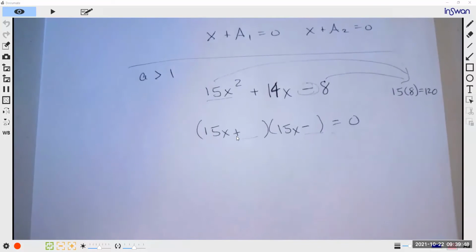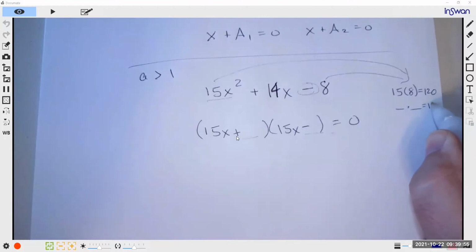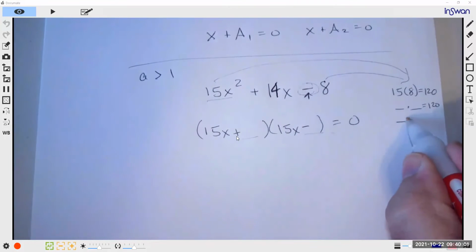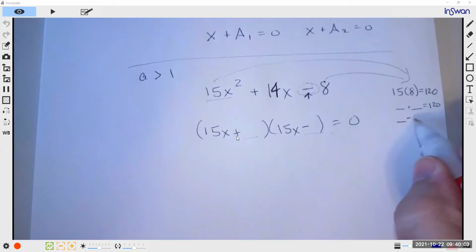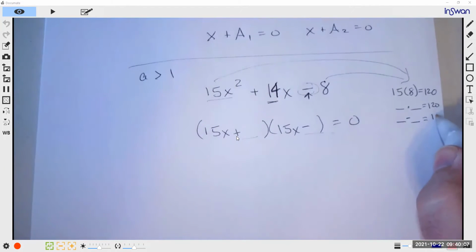Equals 120. Then we have to look at what 2 terms multiplied together equal 120 when we do the second sign, which is subtraction. When we subtract them, we get 14.